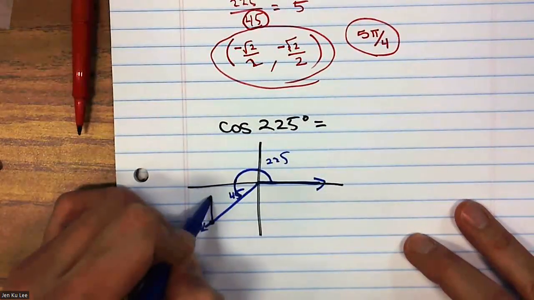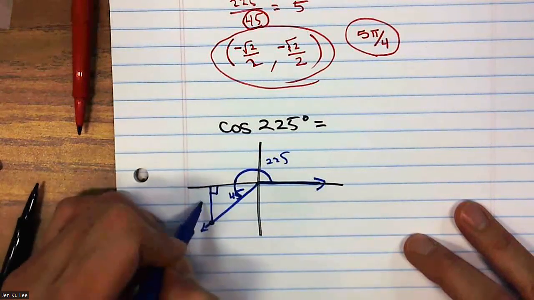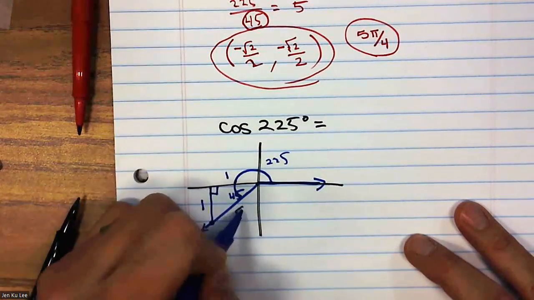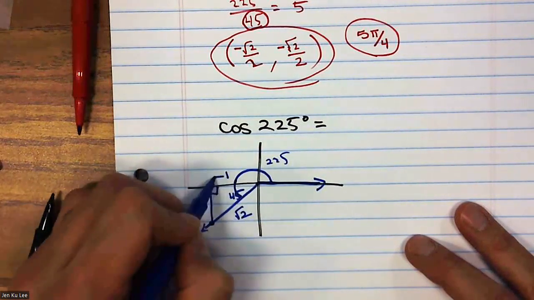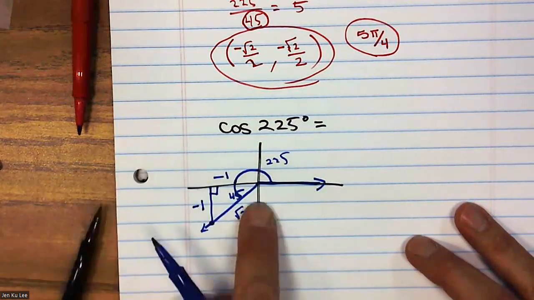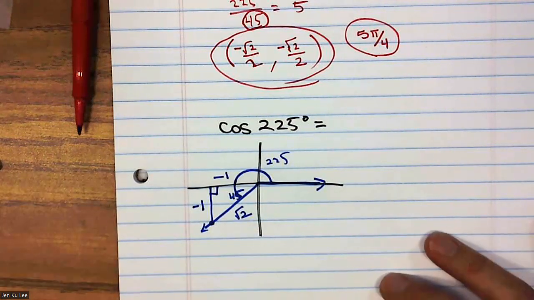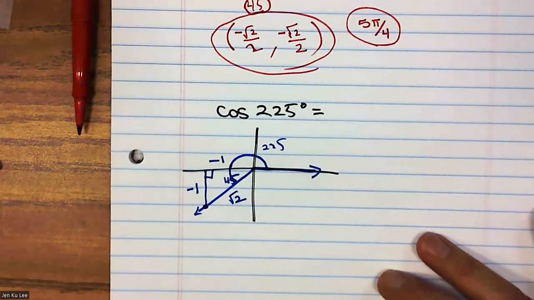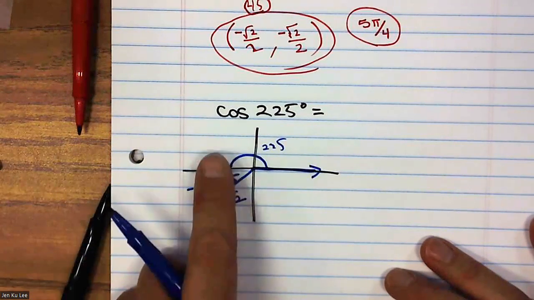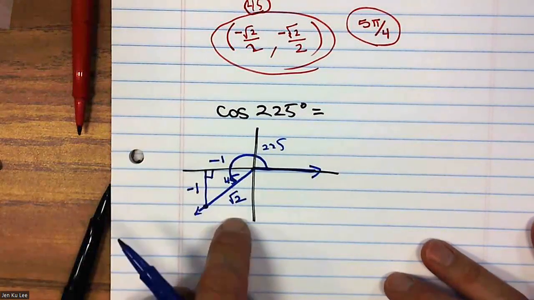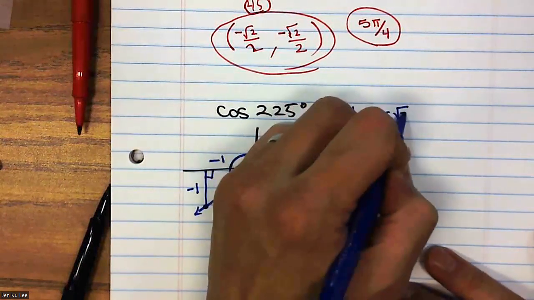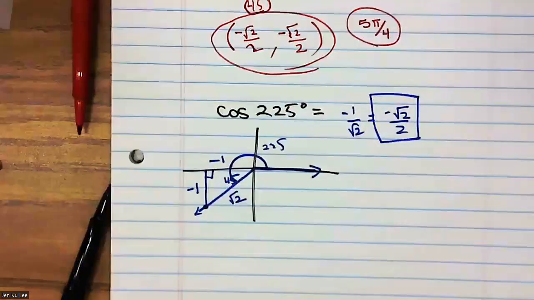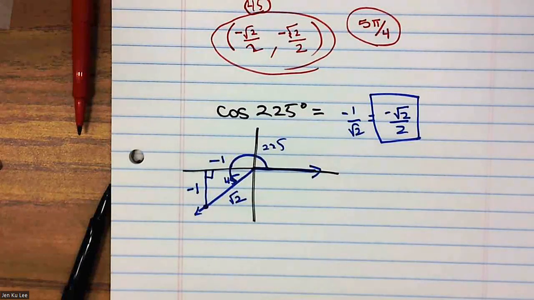So drawing my reference angle, I know that this is 1, this is 1, this is square root of 2. I'm in my third quadrant where x is negative, y is also negative. My r is always positive. Cosine is x over r. So it's negative 1 over square root of 2, which is negative square root of 2 over 2. Okay. That's how I would do it.